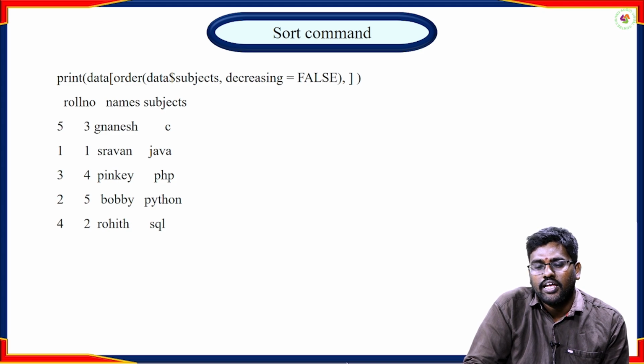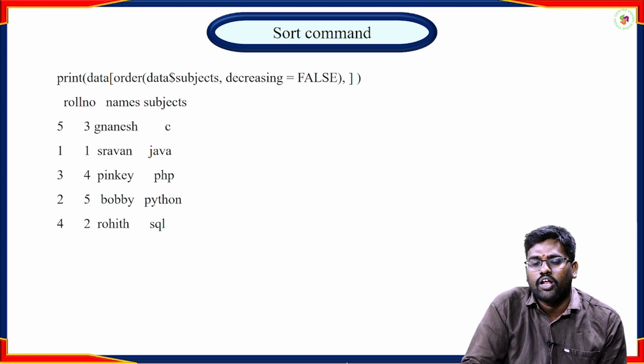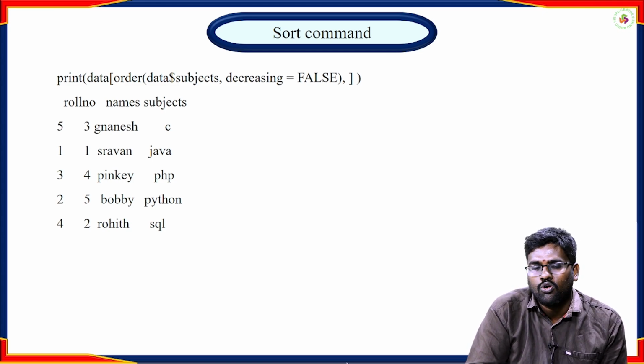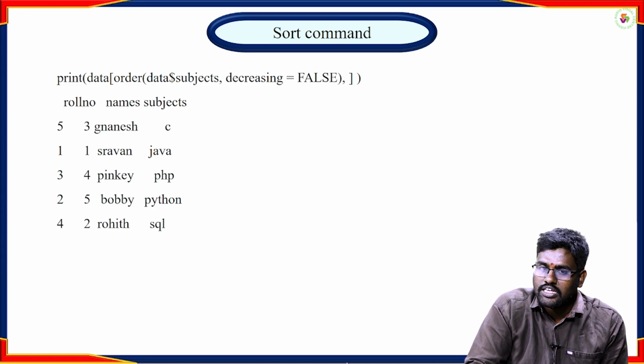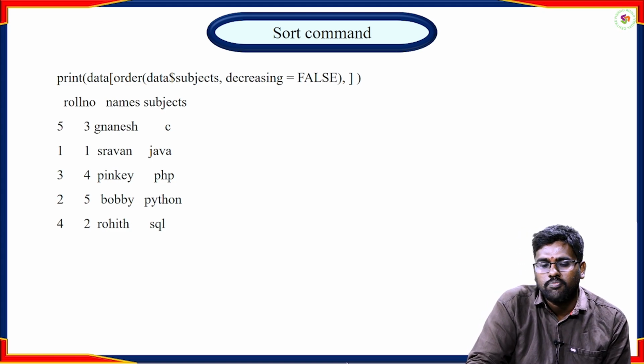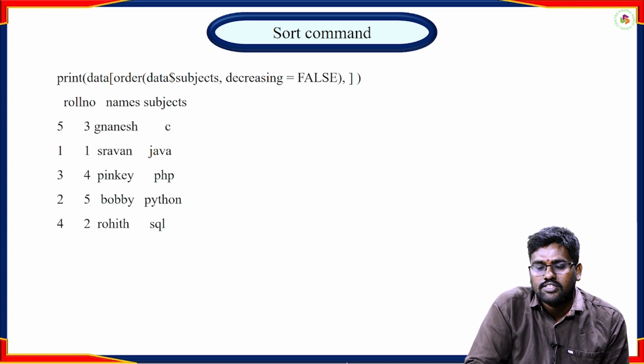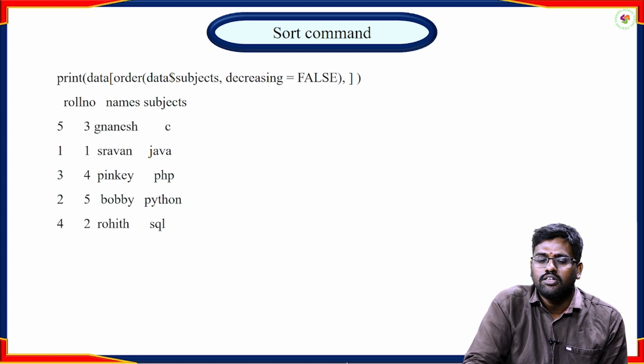Whenever we change decreasing to true, it sorts the values in descending order. Decreasing equal to false displays the contents in ascending order, and decreasing equal to true displays them in descending order.